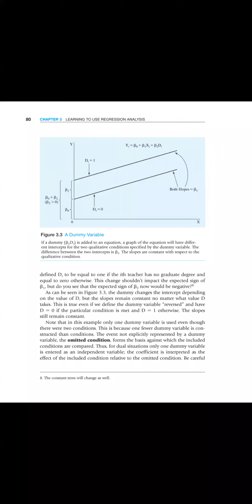So D0 there, we call that an omitted condition, right? It's an omitted condition, which is a situation where, say, the person doesn't have that degree. So that's what we refer to. As far as examinations are concerned, they'll basically ask you what is a dummy variable and how is it useful.